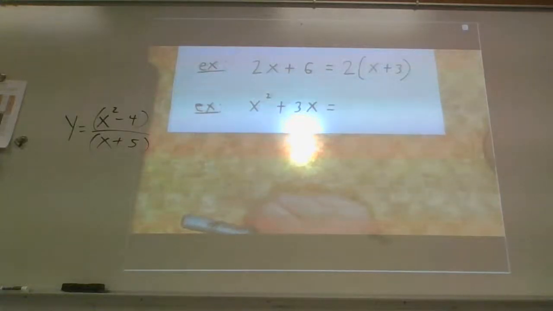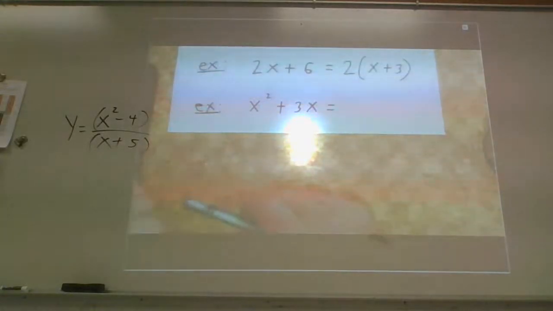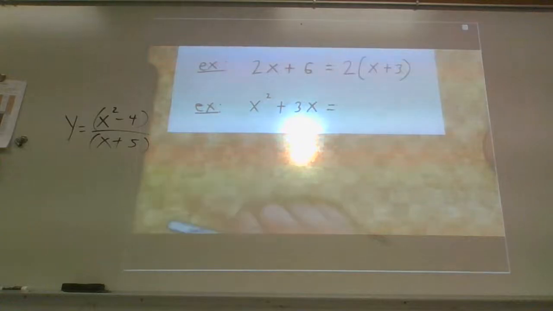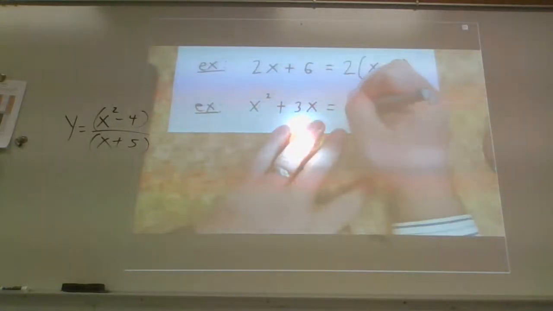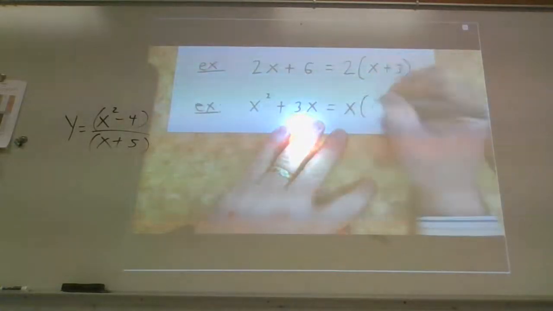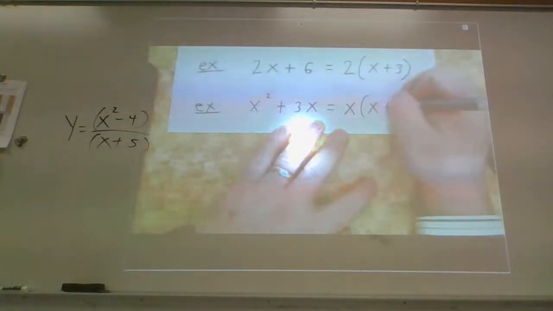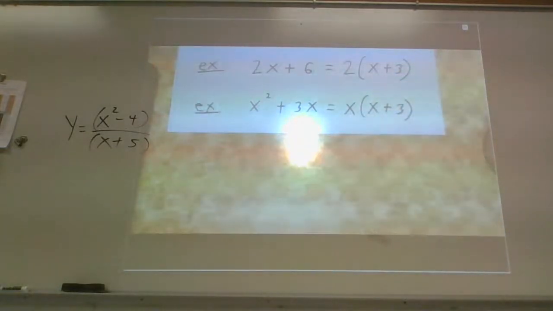Technically they both have 1. That's a common factor, but what is the greatest common factor? It doesn't always have to be a number. They both have an X in common. So I can take that X out, divide it out of each term, and I'm left with the following.